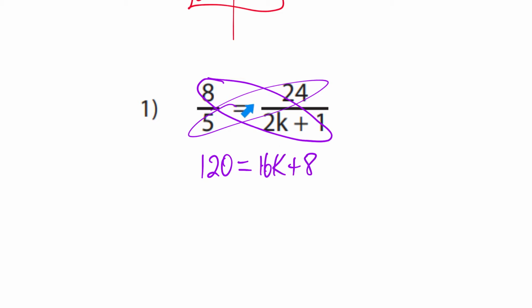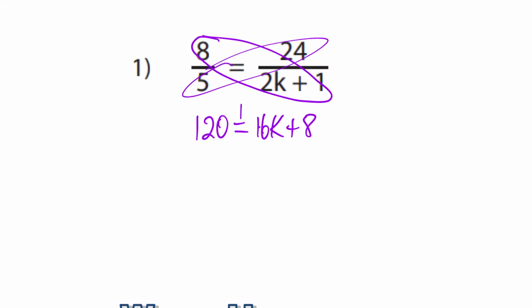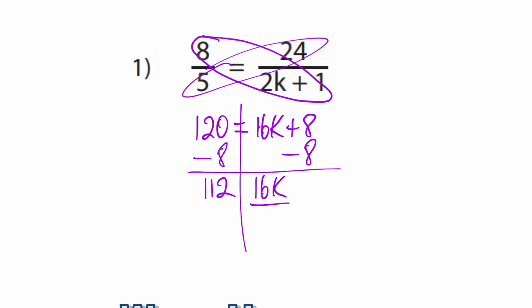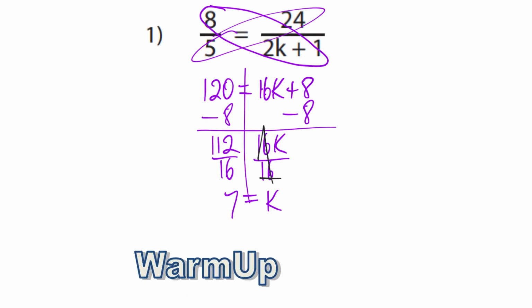The 16k comes from 8 times 2k. The 8 comes from 8 times 1. All right, and then from there, we're just solving for k, so minus 8 on both sides. 112 equals 16k. Divide both sides by 16. And so k equals 7.